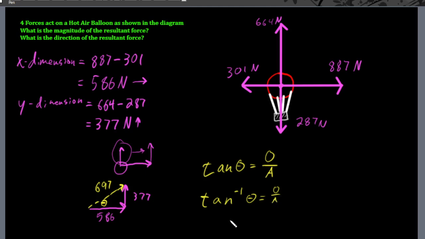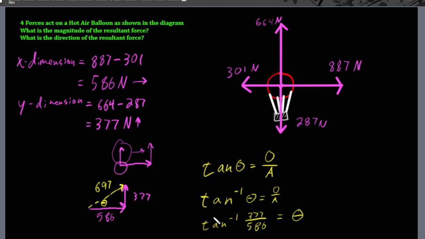So I'm going to take the inverse tangent of the opposite side, which is 377, divided by the adjacent side, which is 586. That will give me the value of theta.